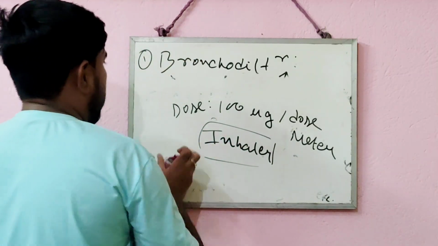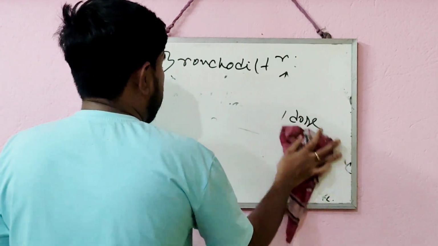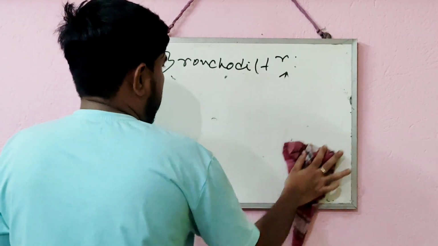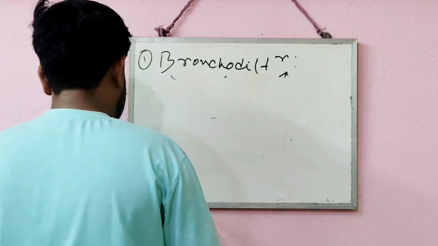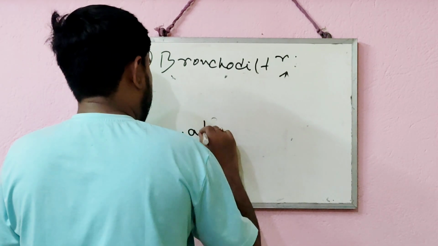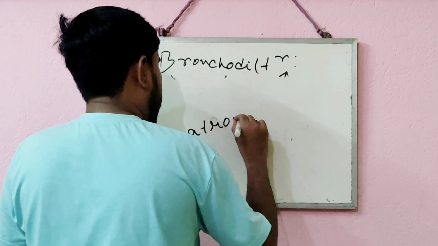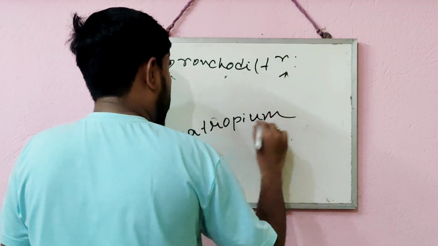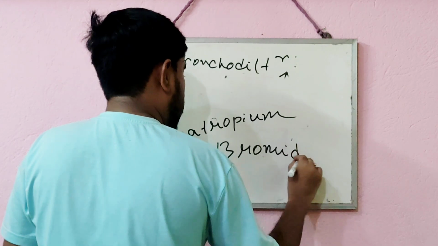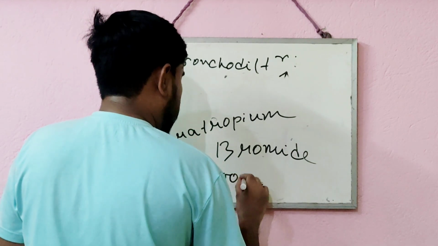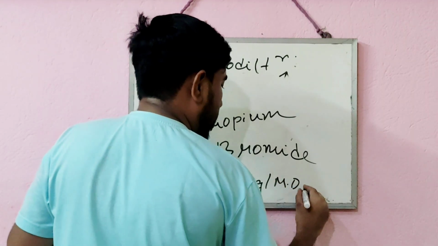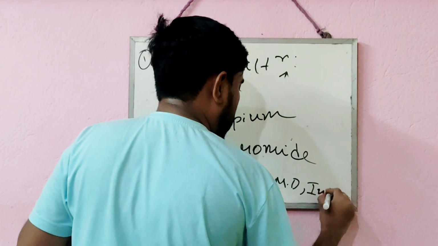And what is the example of an anticholinergic drug that is going to show its action as an anti-asthmatic? The example is ipratropium bromide, and the dose I have already told you, 100 microgram per metered dose, because you have to take it by inhaler.